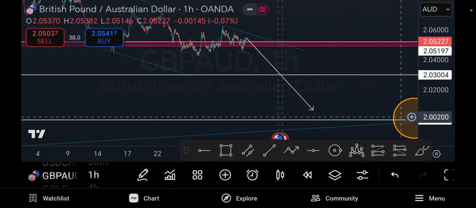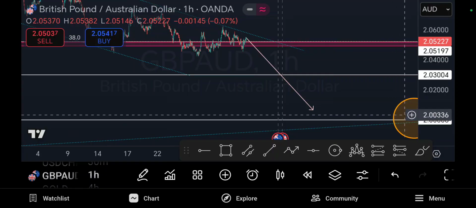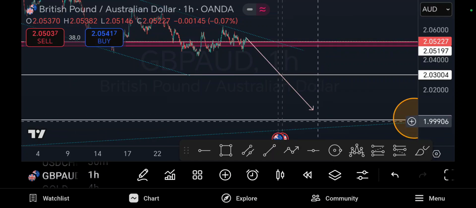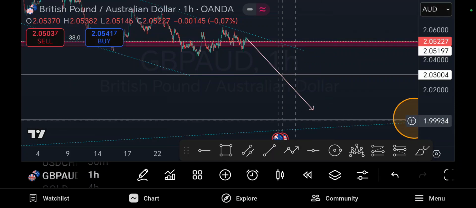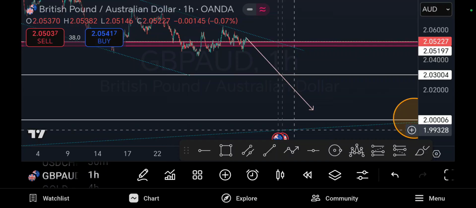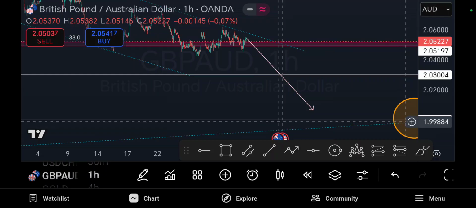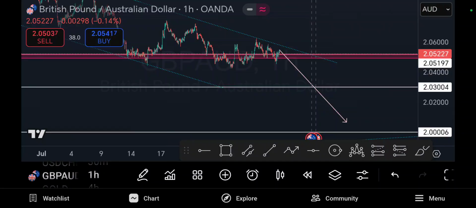Or obviously it could also not happen exactly at this area, but what I will be doing is waiting for either a touch on this zone here or this diagonal support here. So this is just to reference what I'll be looking out for in the coming week.